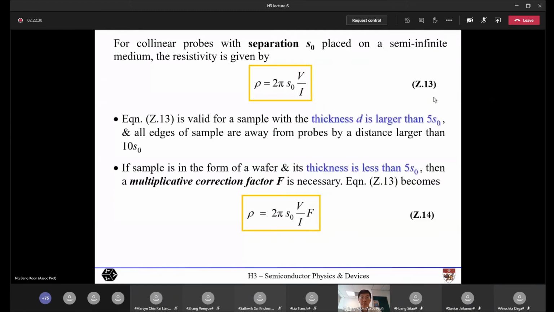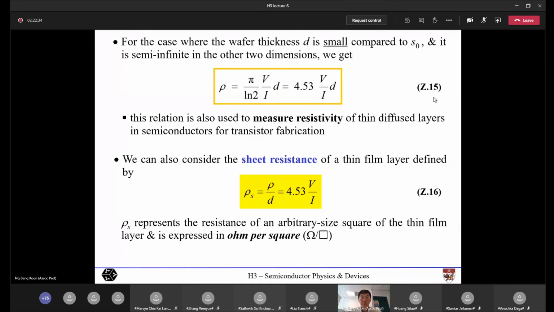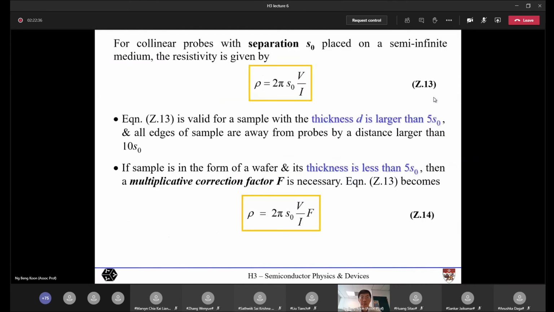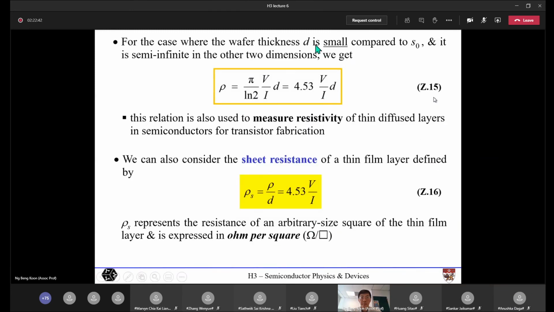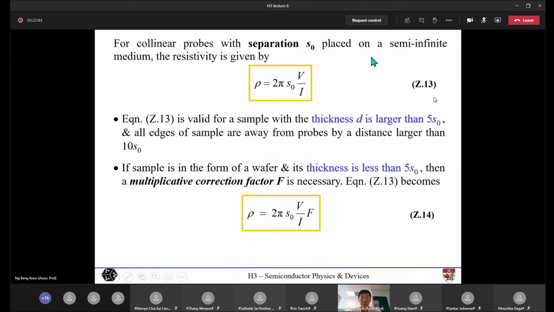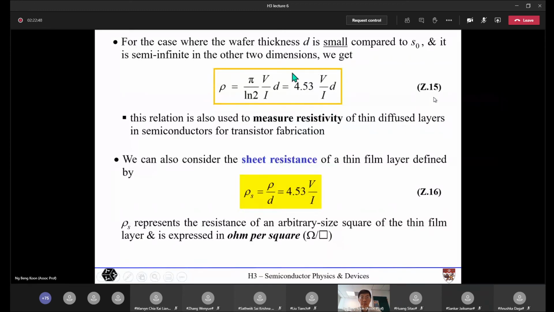Yeah. So in a way, you can think of it as when it's 5s naught, you get this. Then if it is sufficiently small, it is approximately these values here.